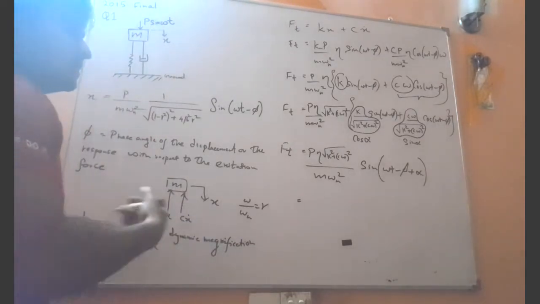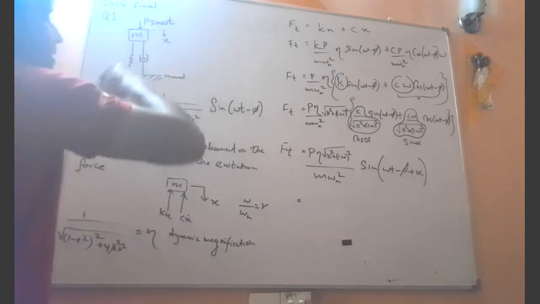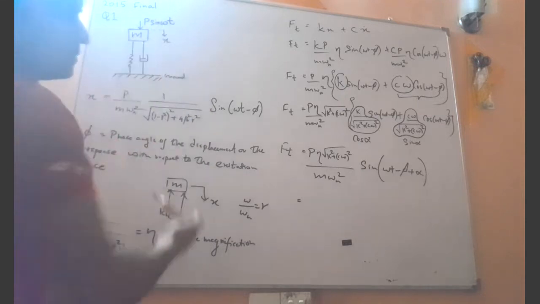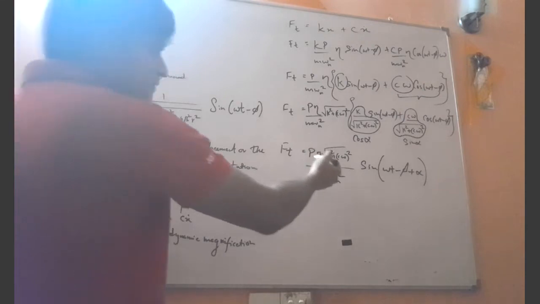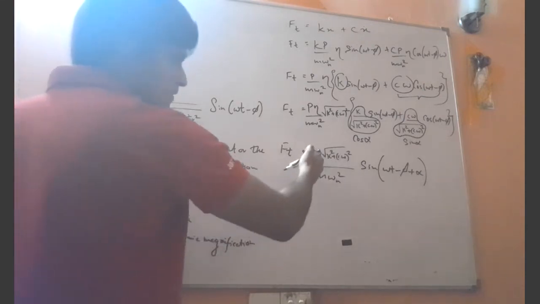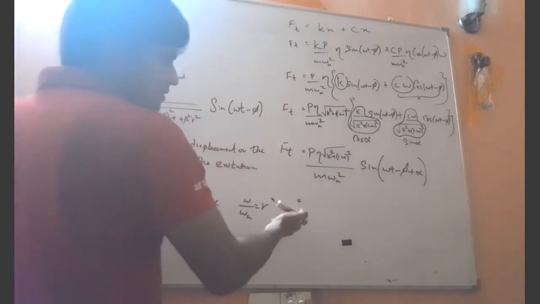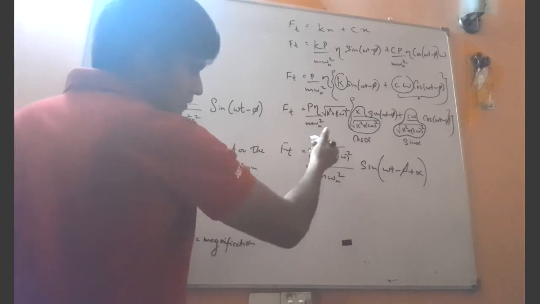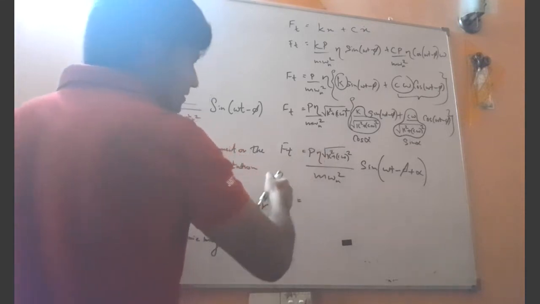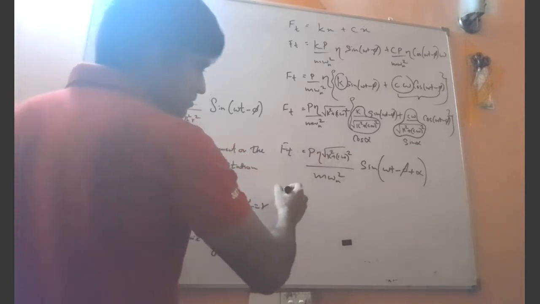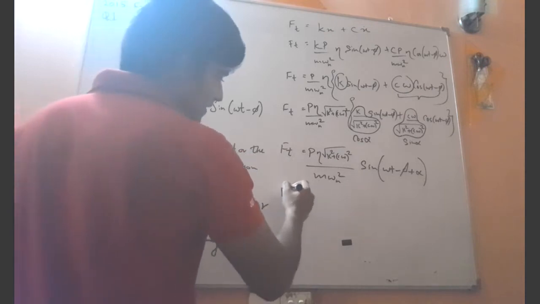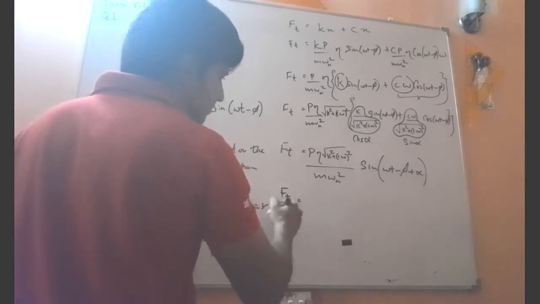Because when considering the modulus you don't have to worry about the sign part, right? So p is the modulus, so this p you can shift to the other side, so this p will come to the denominator. If you shift this p to the other side, that means it will go to the denominator. So this side you will be having ft divided by p.